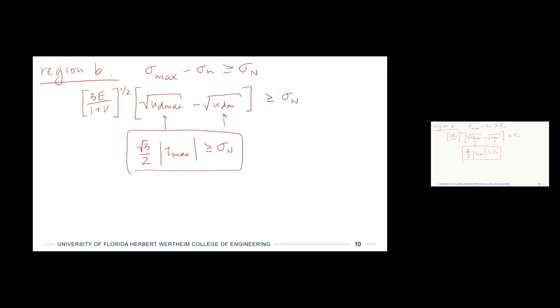So this is for region B. We've gone through a lot of analysis to get to this. And so now we're going to plug in for tau max, right? So tau max was equal to 16 times the torsional moment divided by pi d cubed. So square root of 3 over 2 times that.